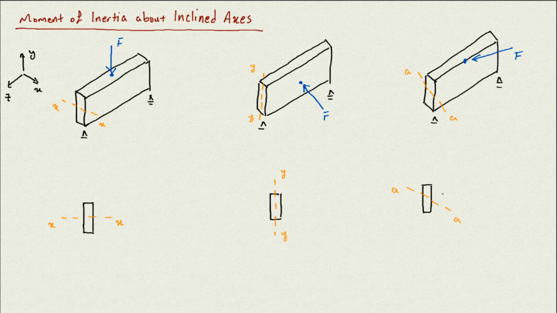Now we want to see how we can deal with this, how we can measure the moment of inertia if that cross section bends about this axis. We already learned how to calculate it about the x-axis and the y-axis, but what if it's bending about an axis like that? How can we calculate the moment of inertia for that?